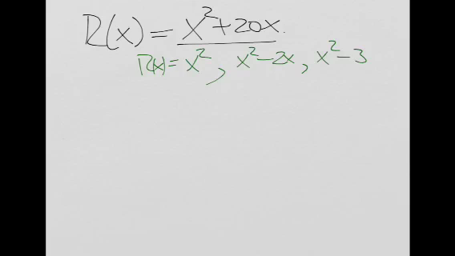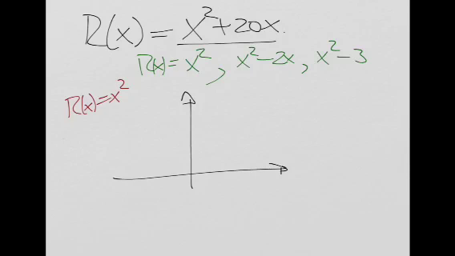And every time I have an x squared term, the graph and the way the function behaves changes. Now it's not a line anymore. Now, if I look at r of x equals x squared, this graph looks like this. This graph describes a situation where, as x increases, something different happens.